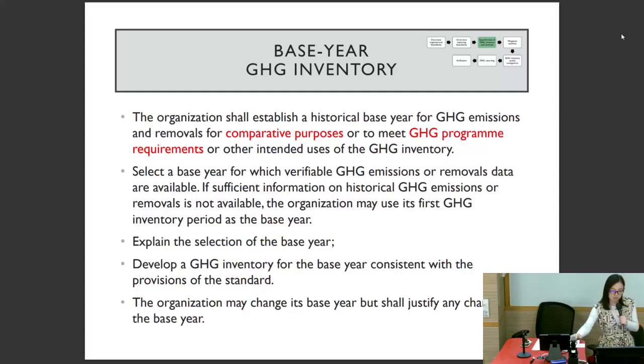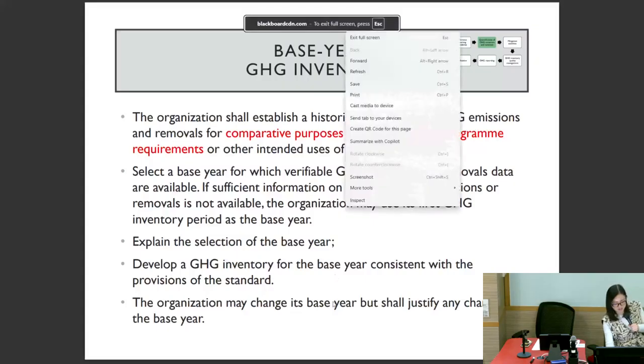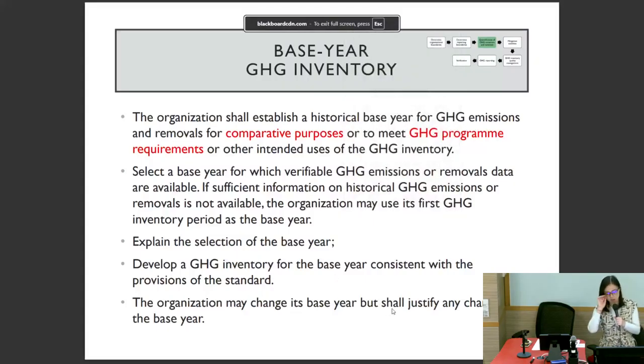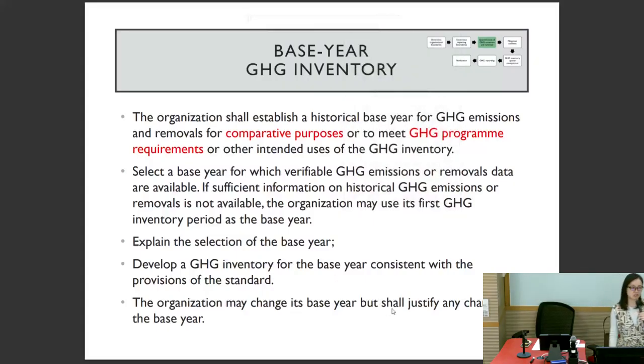The organization may change its base year, but it shall justify any change. Maybe the Hong Kong government now said that we changed the base year from 2005 to 2009. Then you have to explain why.